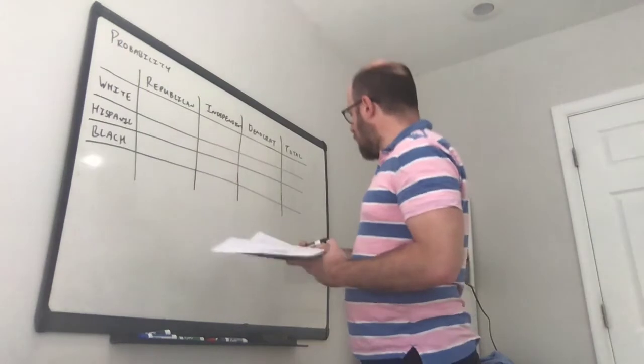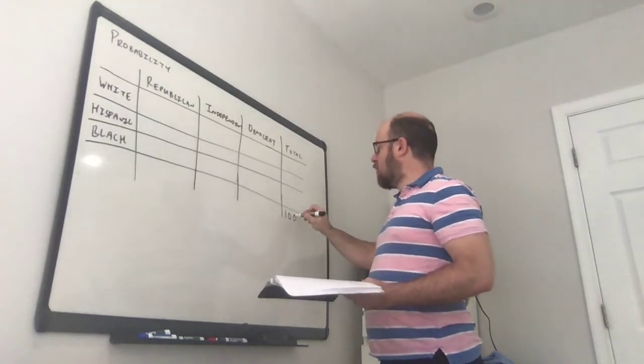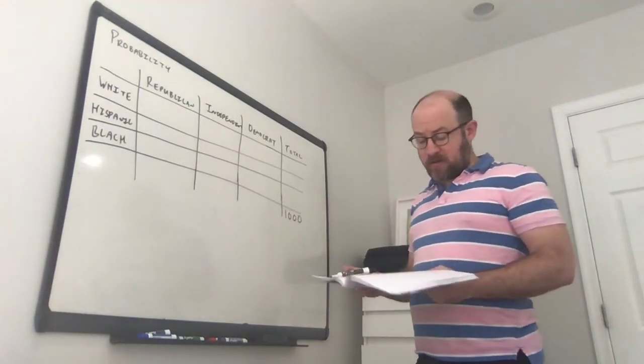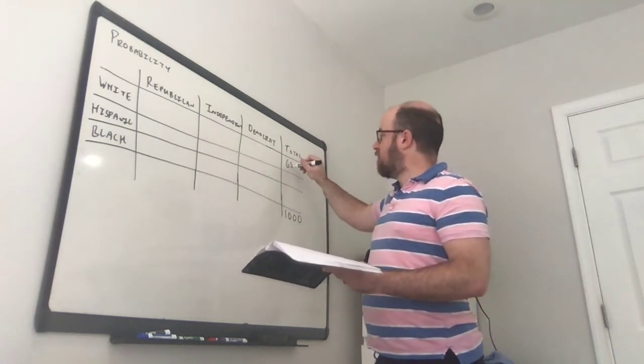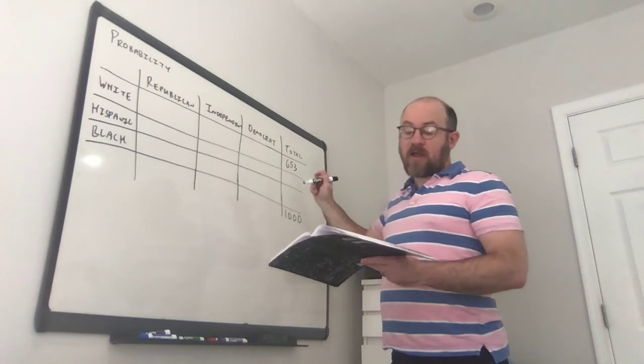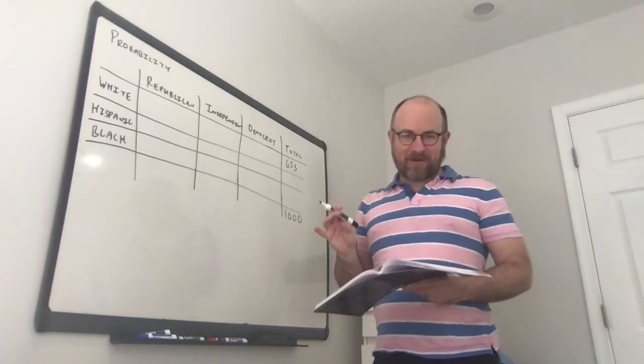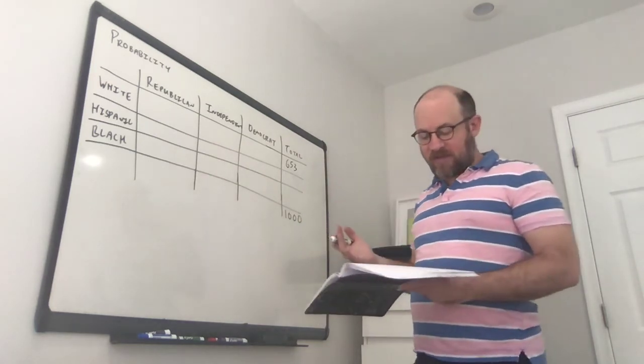So I set this up by taking 1,000 people total. So if you took 1,000 white, black, and Hispanic Americans, of course, there are people who aren't any of these three races.